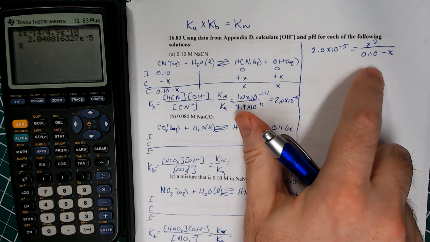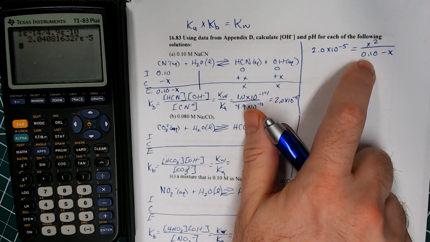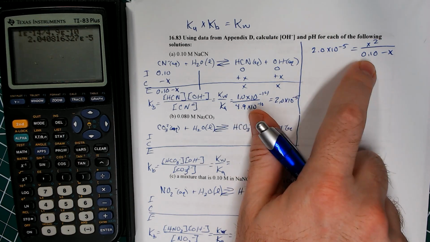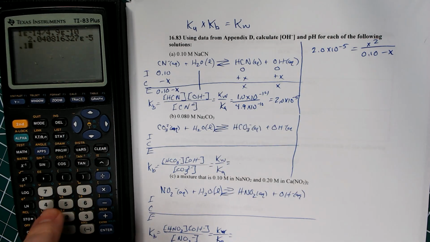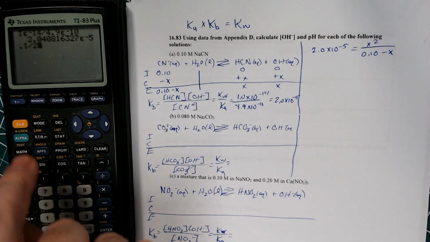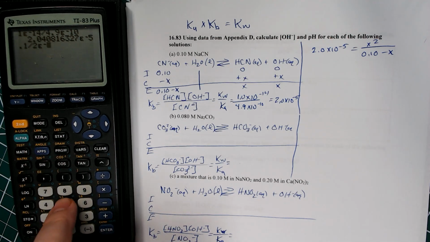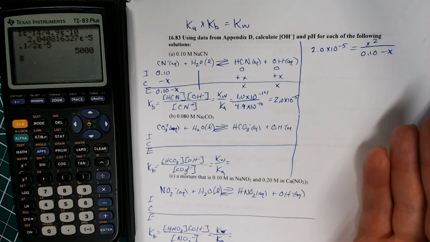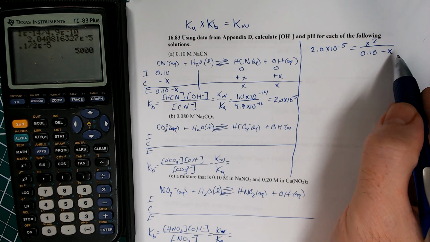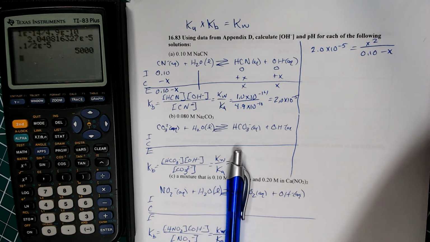Now, we'll do the test real quick to see, is it okay to neglect x? Usually it is, but we want to check. So we'll do 0.1 and divide that by 2 times 10 to the negative 5. And you see we get 5,000. That tells us that x is going to be less than 5%. So I'm going to get out the red pen of neglect here.